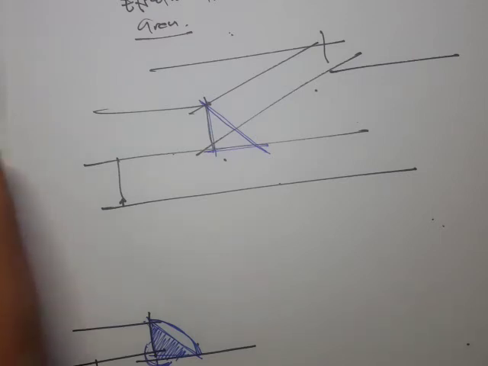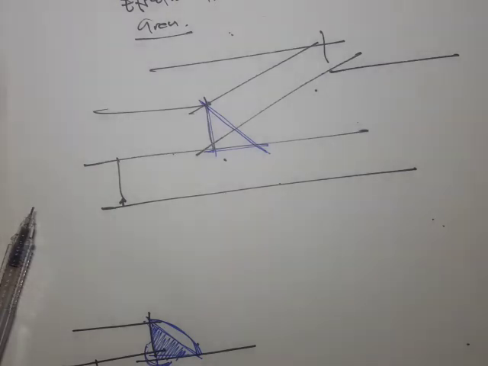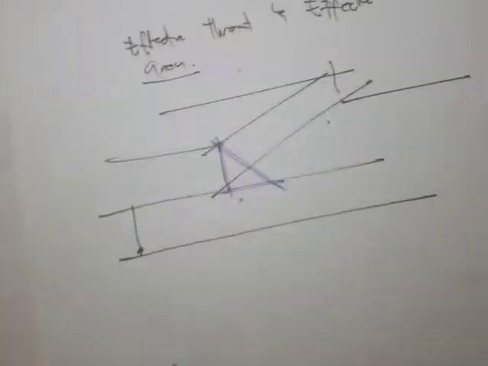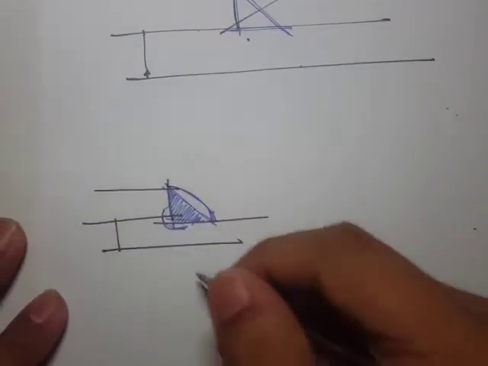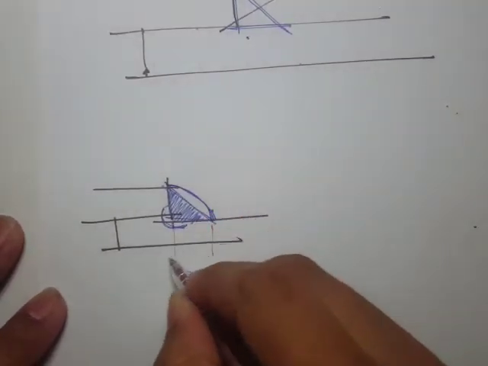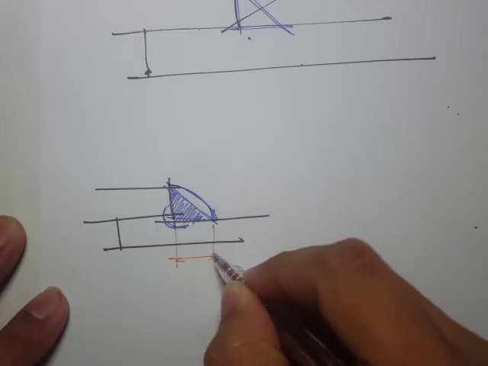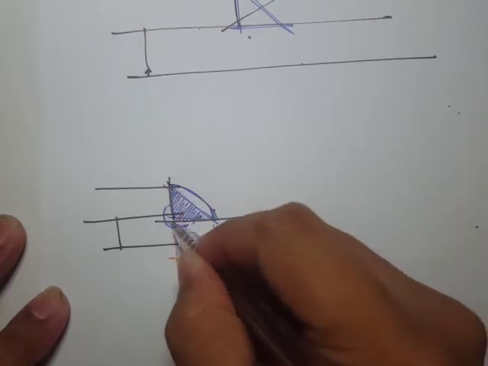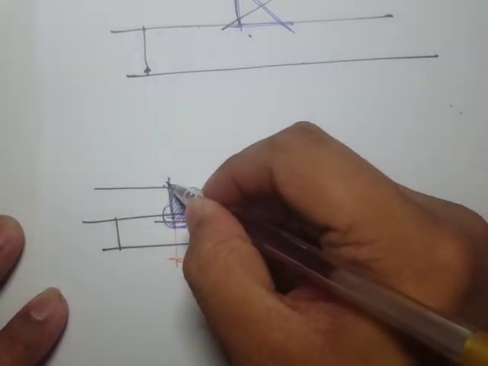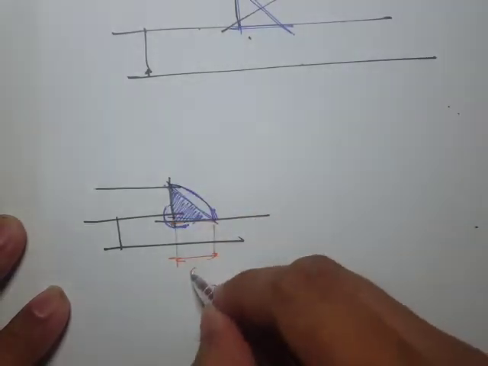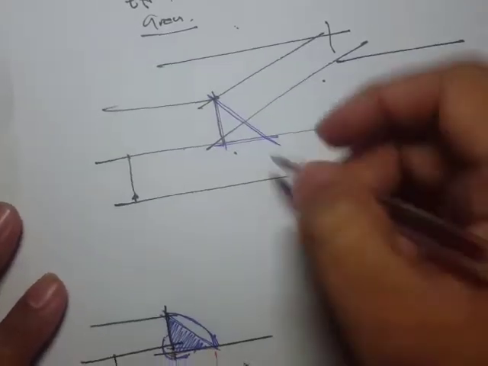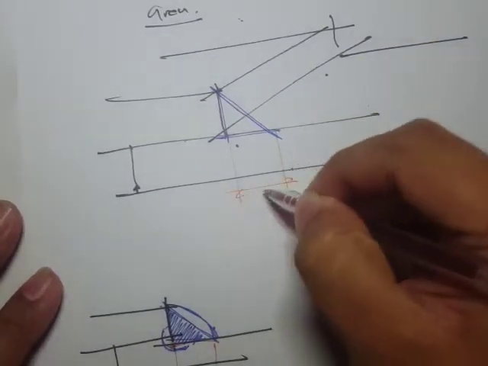Okay, so the size of a fillet weld is this one. That refers to this base, and then this opposite side of the right triangle. So this is the size.